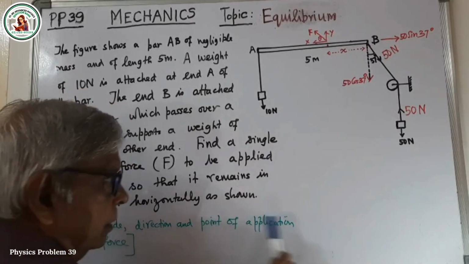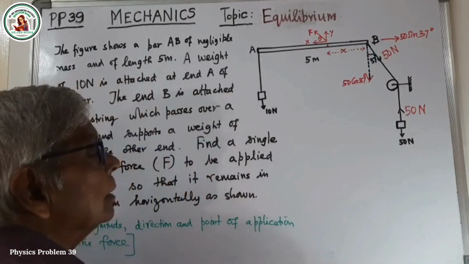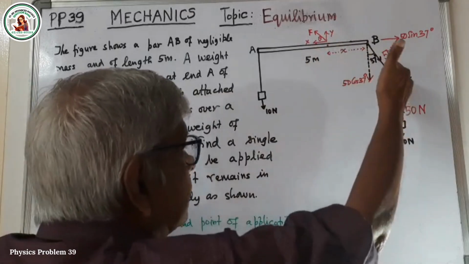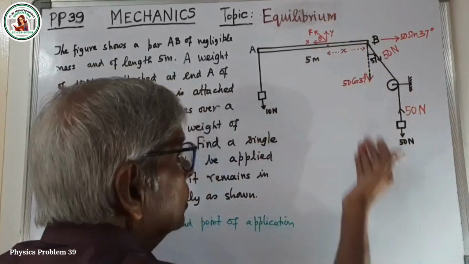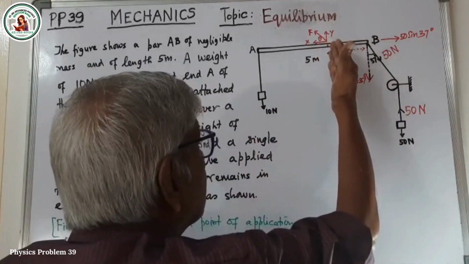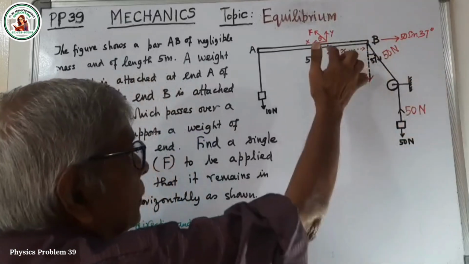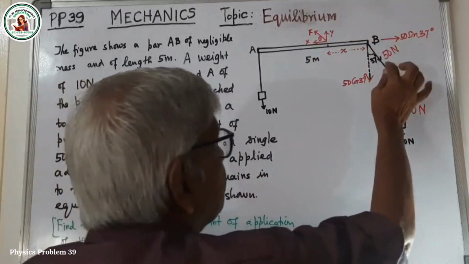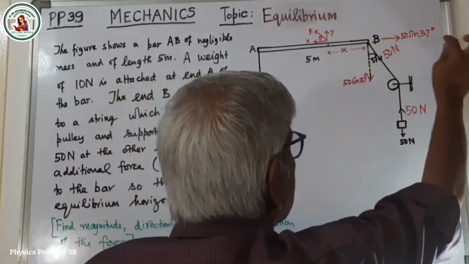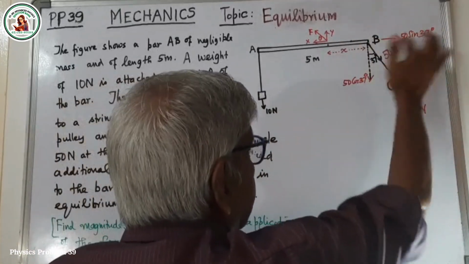To work these out, we first consider the equilibrium. As I said, due to the weight attached, this is likely to fall down. So there should be some vertical component of force to balance it, which I marked as Y, vertically up. Then this 50 Newton will have a horizontal component given by 50 sine 37 degree.